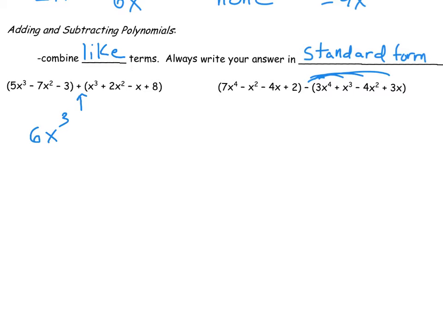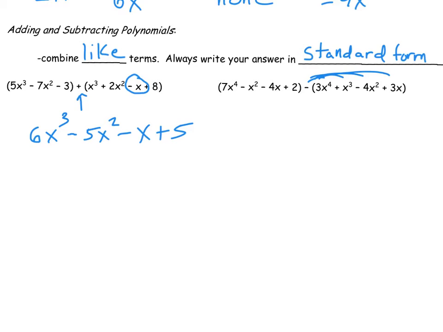I'll add those together. Negative 5x squared. First power, the first polynomial doesn't have one, right? This one does. There's a negative x, nothing to combine that with, so it just stays. And then negative 3 plus 8, well, that's 5.